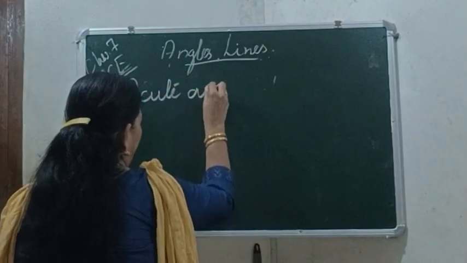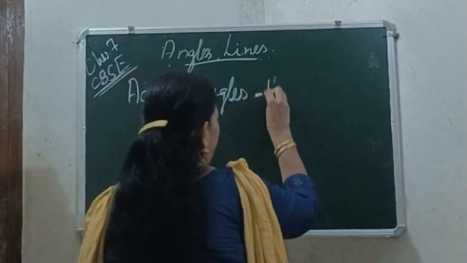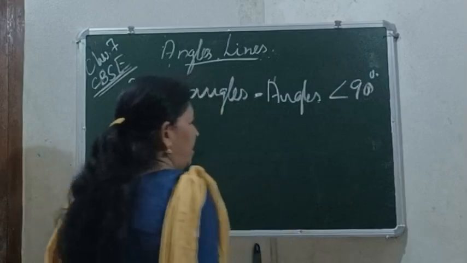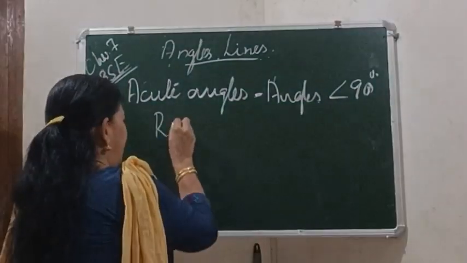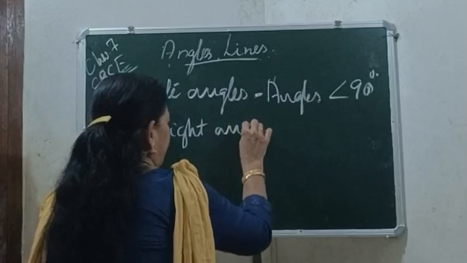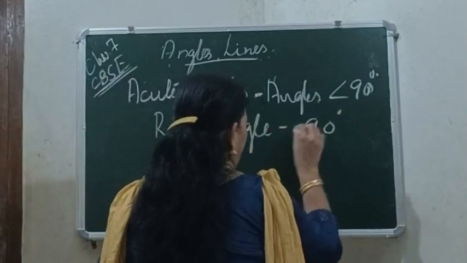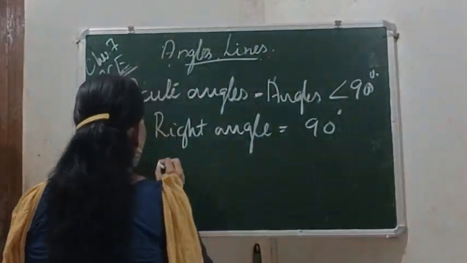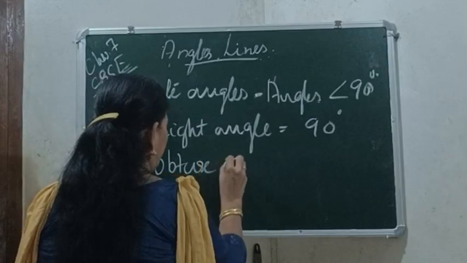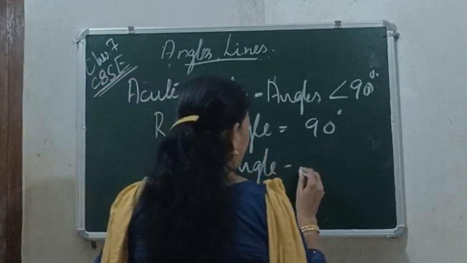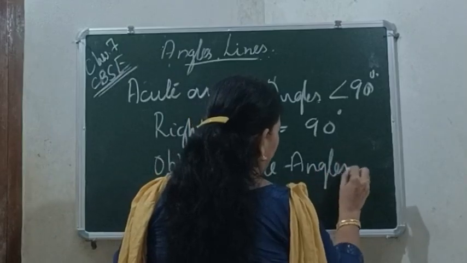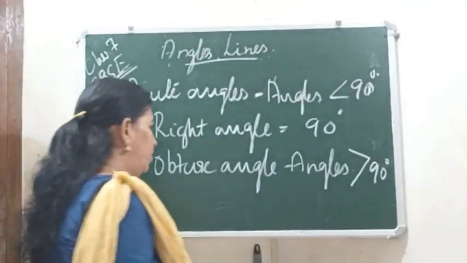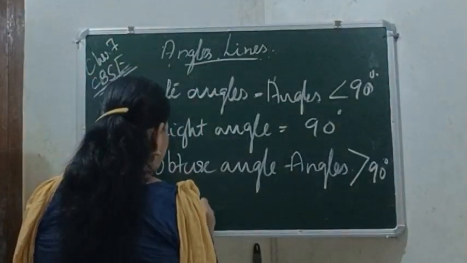Acute angles, that is angles less than 90 degrees, angles below 90 degrees. Then the right angle, an angle of measure 90 degrees. Then the obtuse angle, angles greater than 90 degrees, angles above 90 degrees.